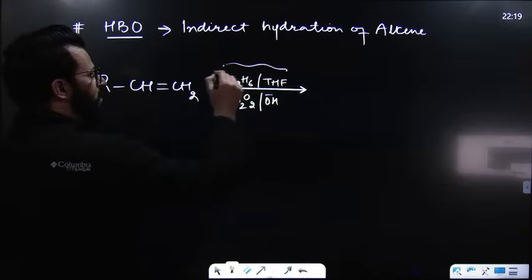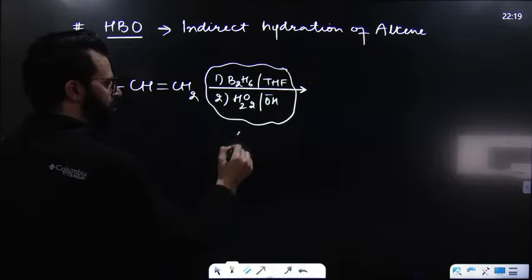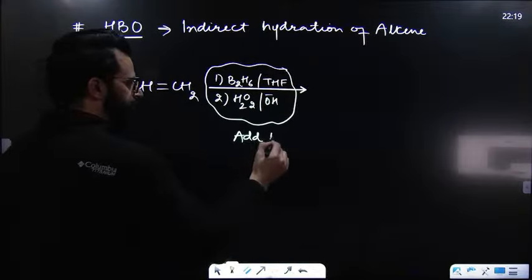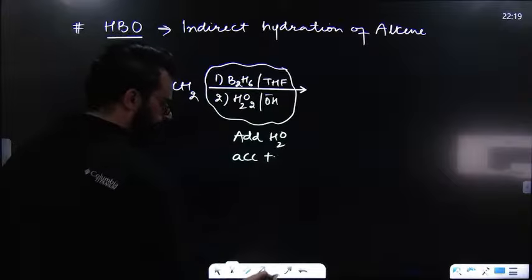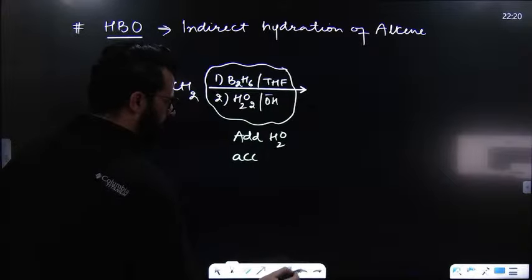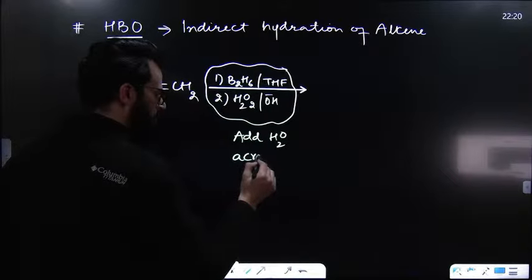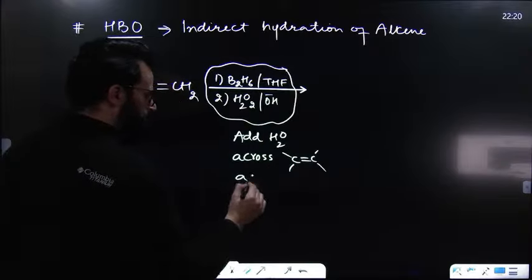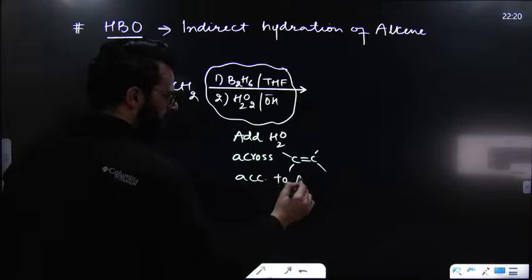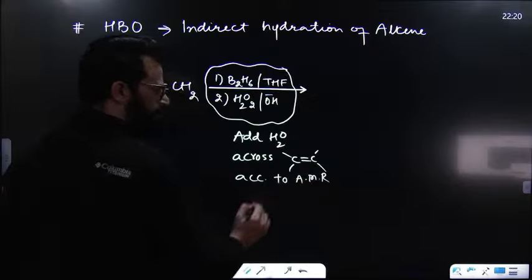Whenever you have these types of reagents, you have to add water across the carbon-carbon double bond according to anti-Markovnikov's rule.